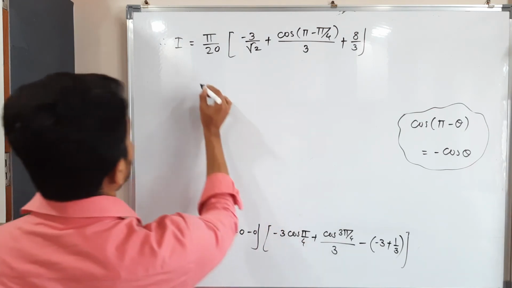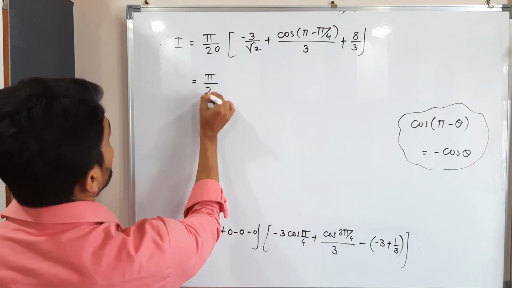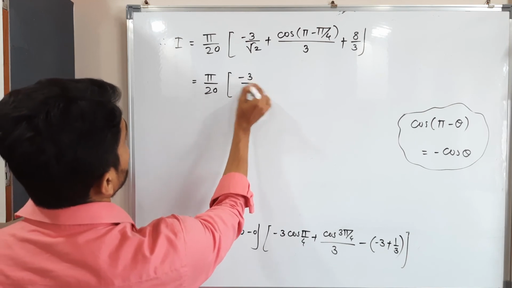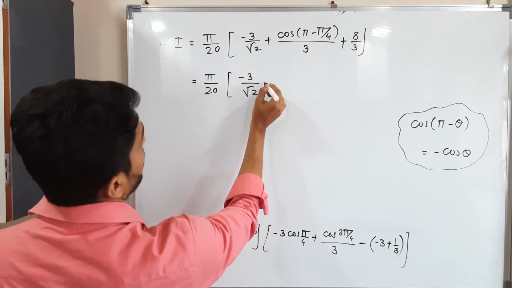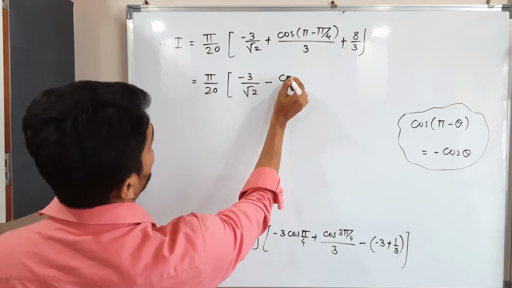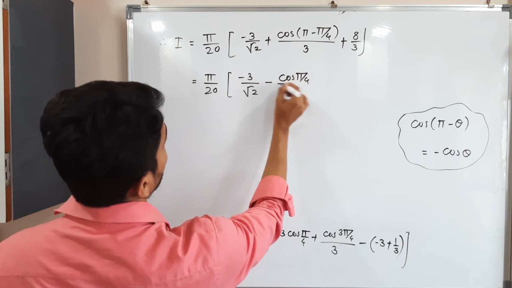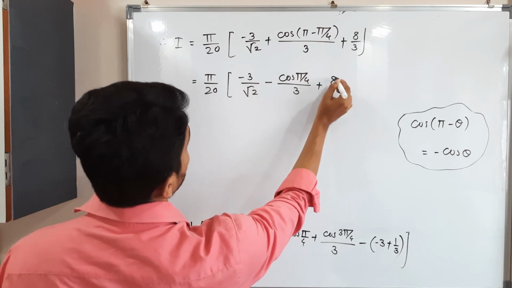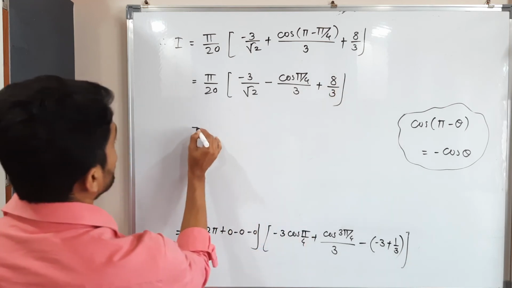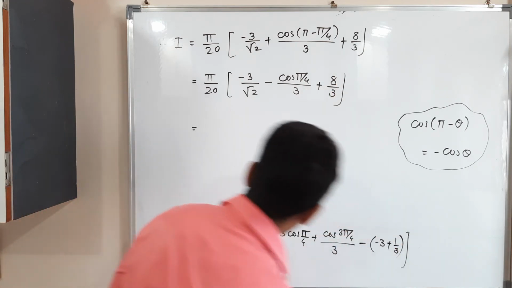So this is equal to pi by 20, minus 3 by root 2, minus cos pi by 4 divided by 3, plus 8 by 3. Let me remove the part which is not required.